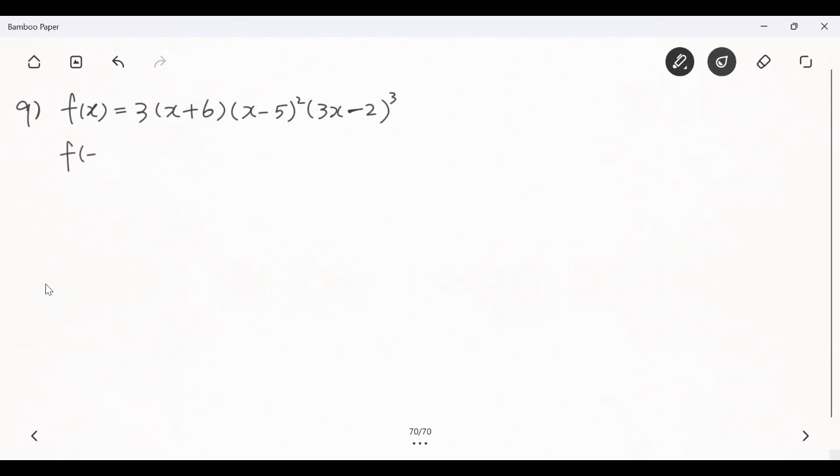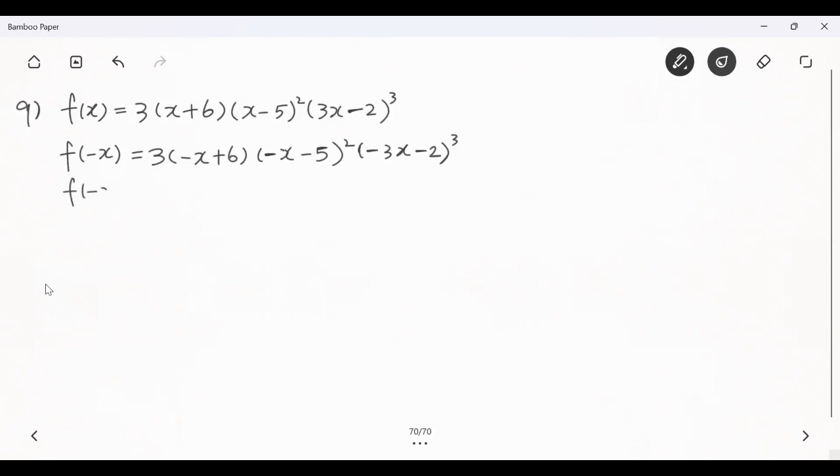Then substitute x with negative x. So the right side becomes 3 times (negative x plus 6), (negative x minus 5) squared and (negative 3x minus 2) cubed.